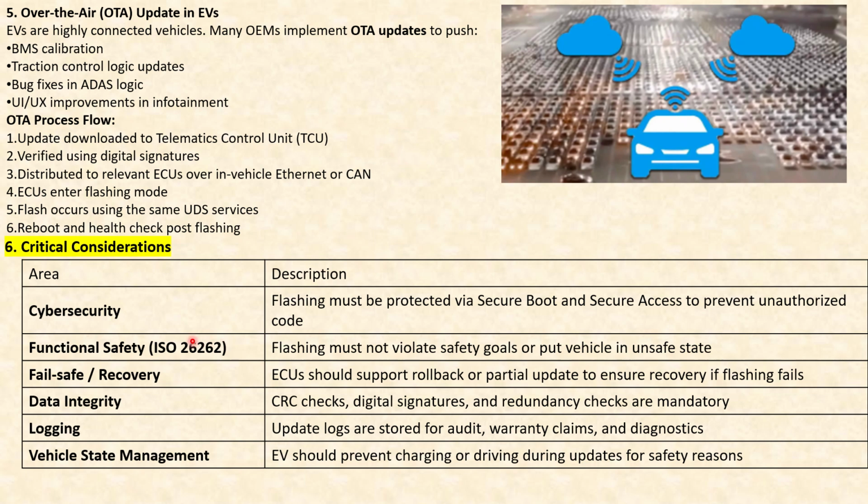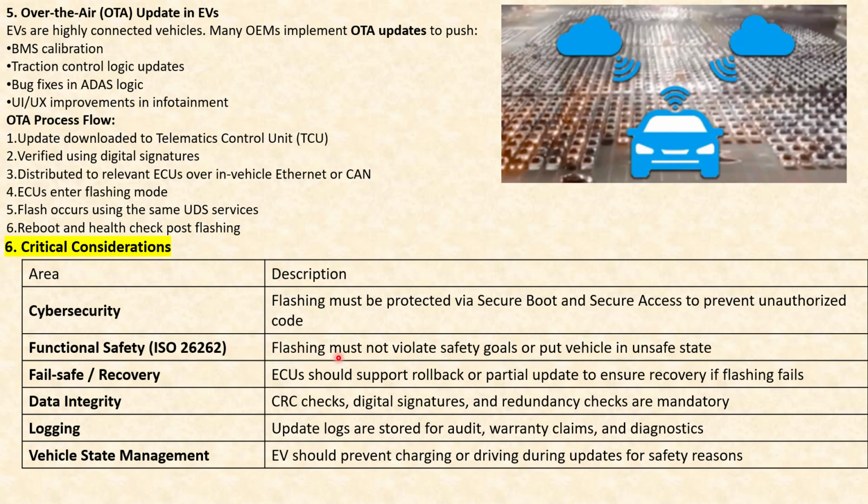Now, what are the critical considerations? Before you start diagnostics through the protocols or through OTA, what are the various considerations? First is cyber security. Flashing must be protected via cyber secure boot or security access to prevent unauthorized code.